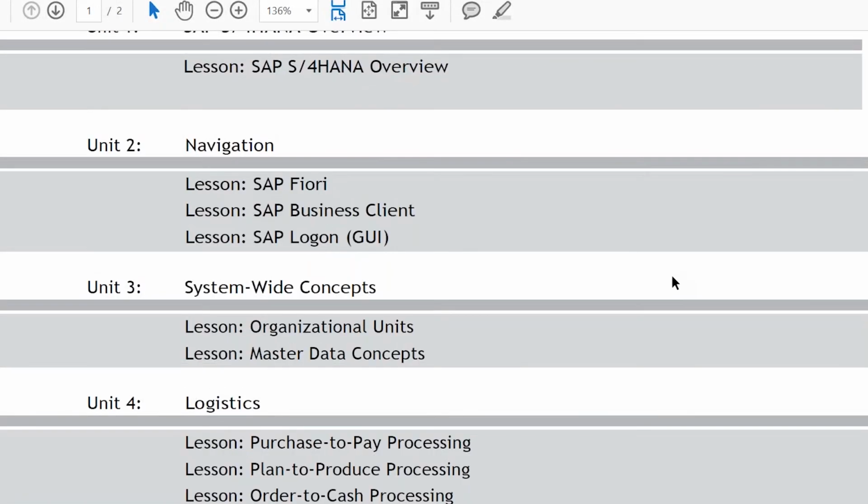Then we will get into the pure S4H model, where we'll have more technically oriented topics. We call it OU and master data concepts. If you are planning to do technical certifications related to S4 HANA, more weightage is given to this unit 3. All these are the official curriculum as per training.sap.com.